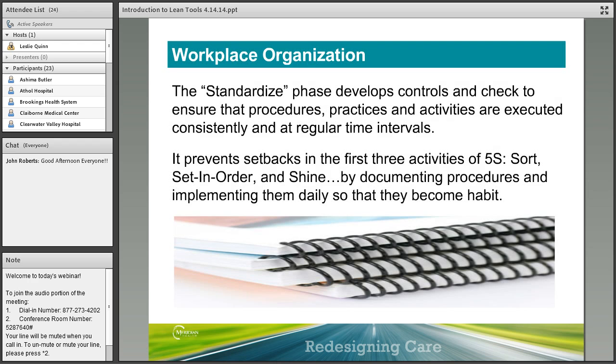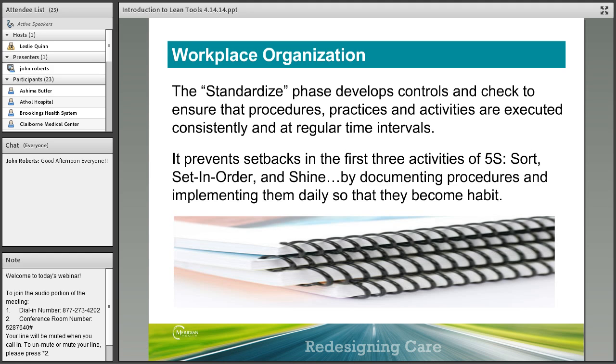It also helps when we do this and set things in order. We use another lean tool called Kanban, which helps us control quantities and effective labeling, and really helps with inventory control, which helps decrease waste and raises overall productivity when we go through this kind of a system.